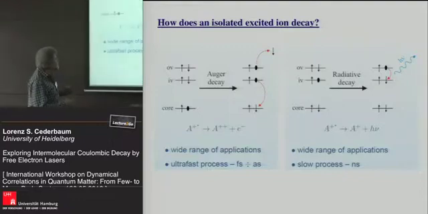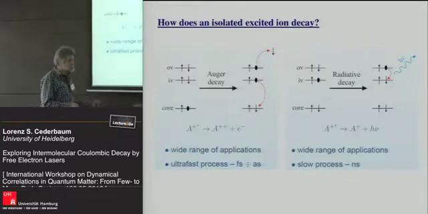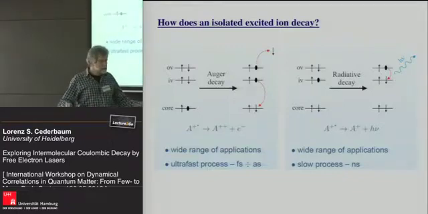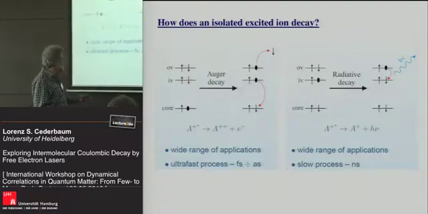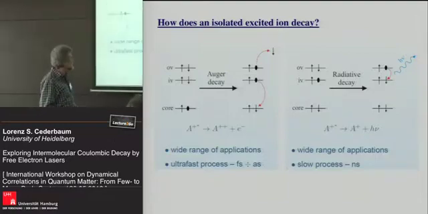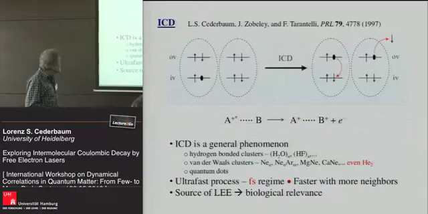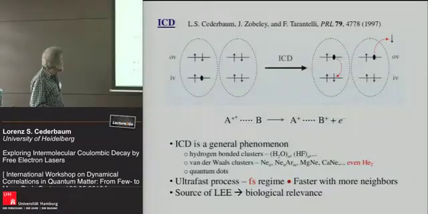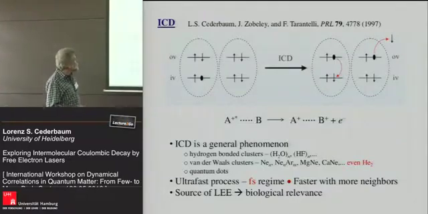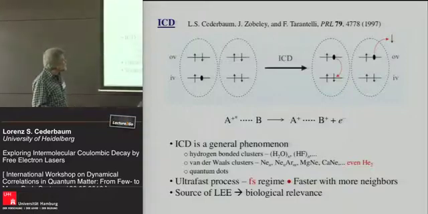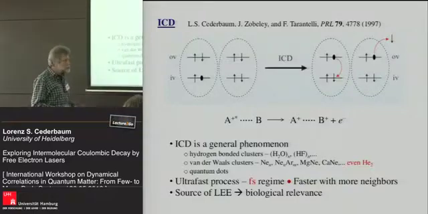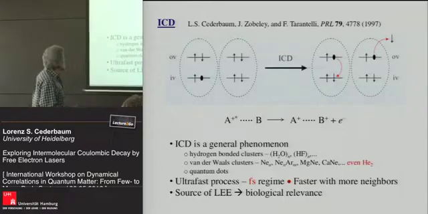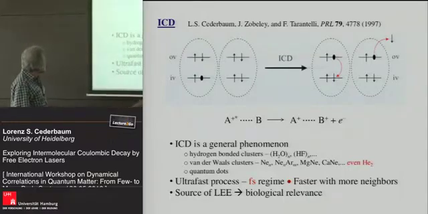What happens if this isolated system has a partner, a neighbor, or is in an environment? I will speak about more neighbors later. Then you have what we call ICD, the intermolecular or interatomic, if these are atoms, Coulombic decay. It's a long-range correlation effect. What happens if I remove an inner valence electron here?